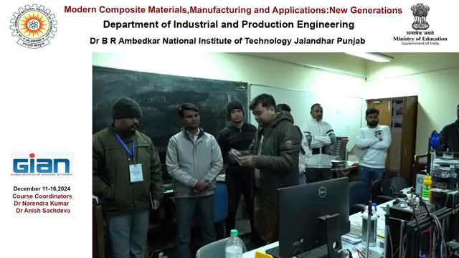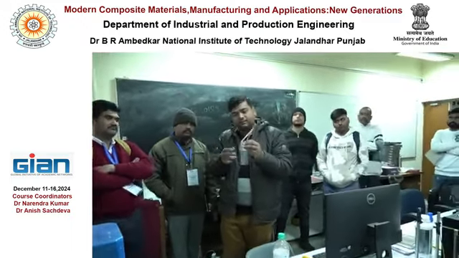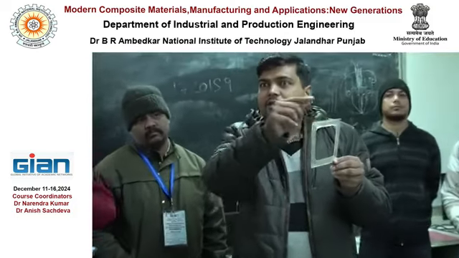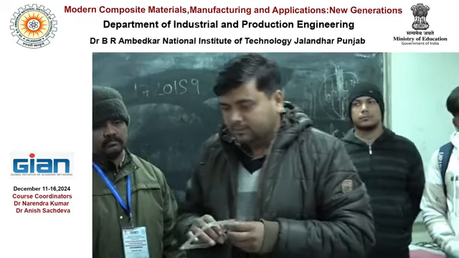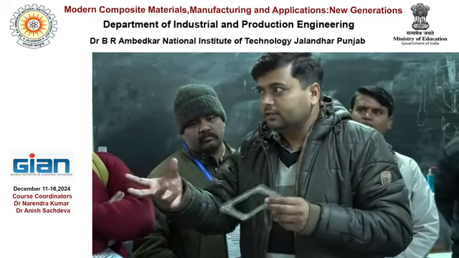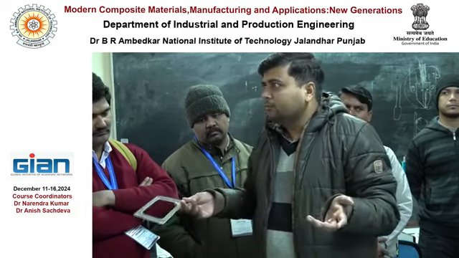So yesterday I just showed you this part. You can see that here what we have done, we have used fiber in the continuous form, right? But in general, what happens? Generally we use chopped fiber and resin to develop the polymer composite. That is normal, right?